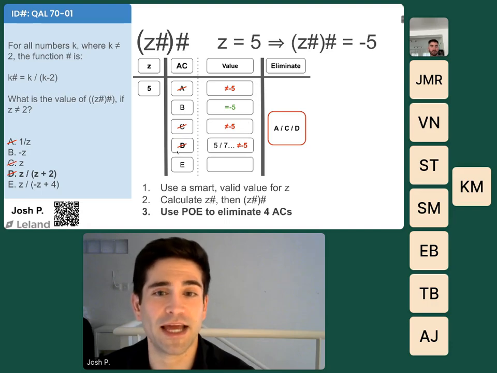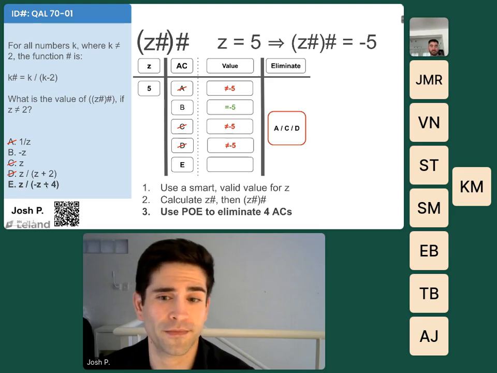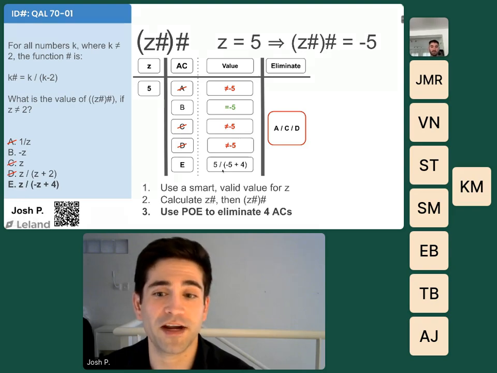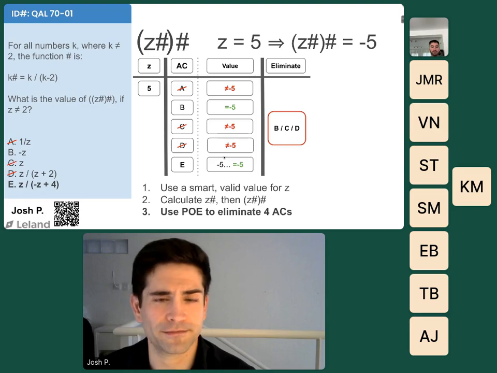So we can eliminate answer choice D. E. E is z divided by minus z plus 4. So we have 5 divided by minus 5 plus 4, which gives us 5 divided by minus 1. And this is minus 5, which is, of course, equal to minus 5. So this is possibly correct. So when z equals 5, we were able to eliminate A, C, and D.